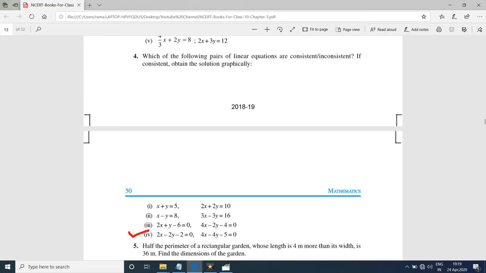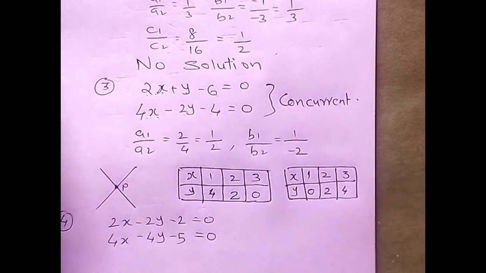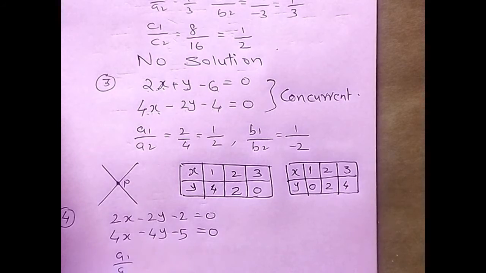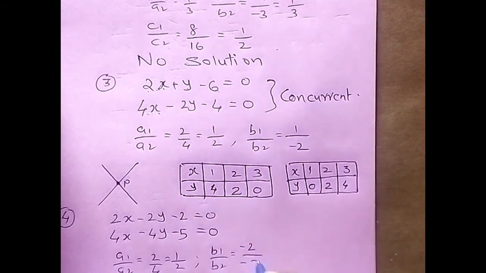Now we have the fourth question. 2x minus 2y minus 2 equal to 0. 4x minus 4y minus 5 equal to 0. a1 by a2 is equal to 2 by 4 equal to 1 by 2. b1 by b2 is equal to minus 2 by minus 4 is equal to 1 by 2.